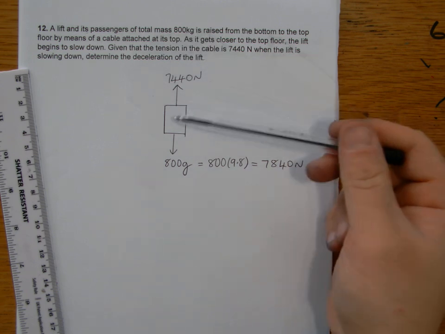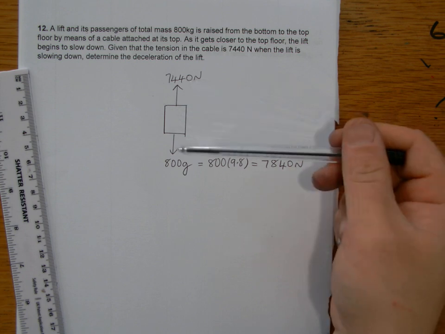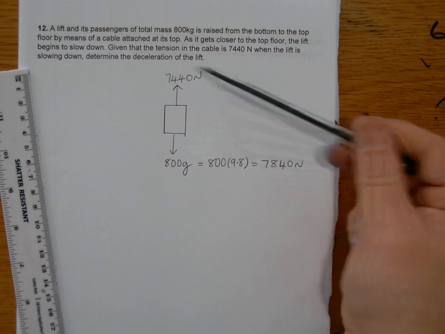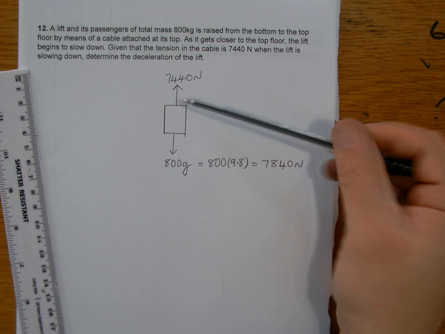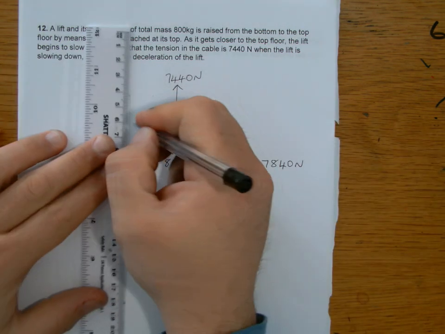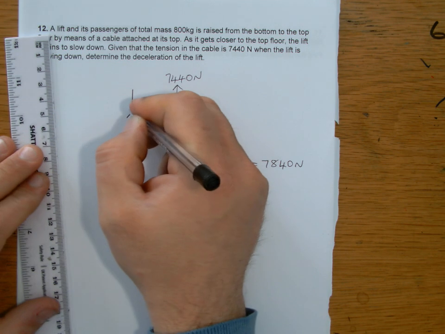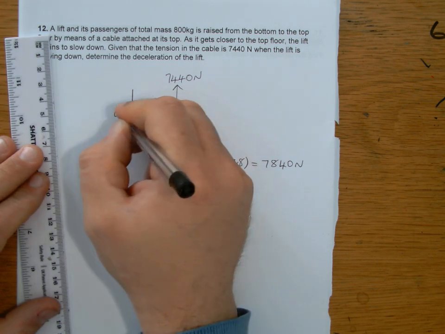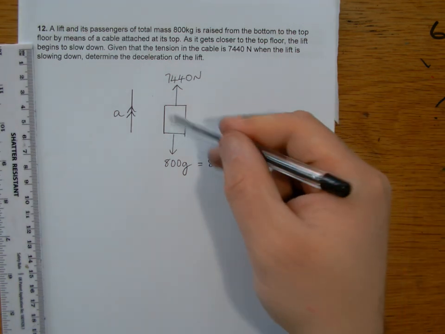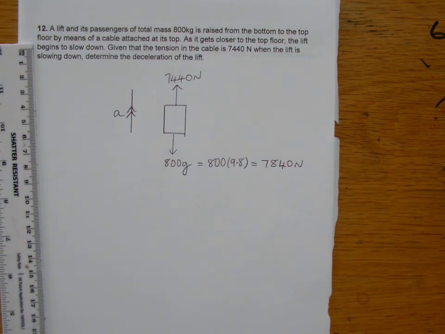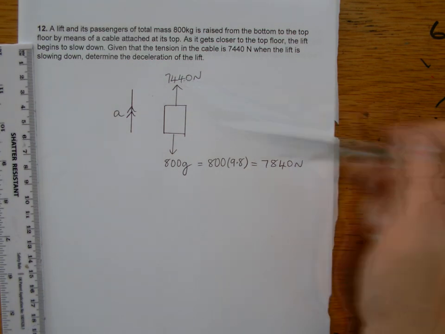So in that situation, when it starts to slow down, you find that the weight is actually greater than the tension, even though the lift is still going upwards. It's important to have my direction of acceleration going in the direction that the lift is traveling in. So the lift is still moving upwards, however the tension in that cable is not as much as the weight.